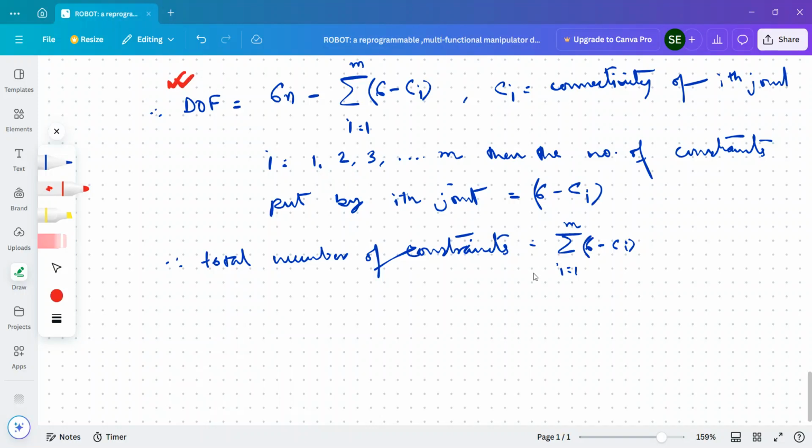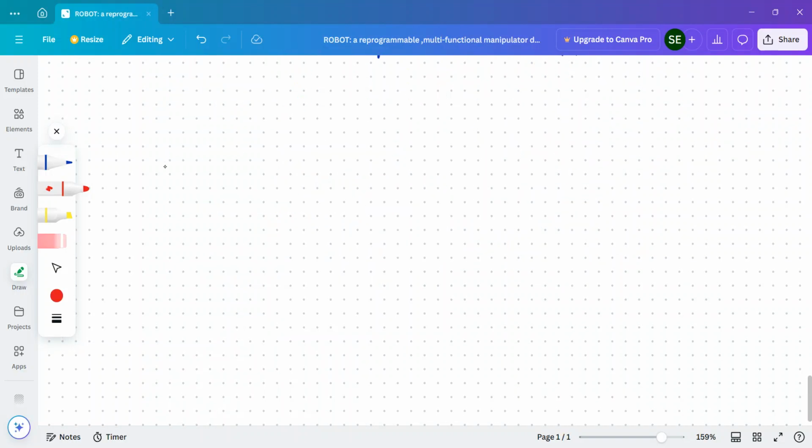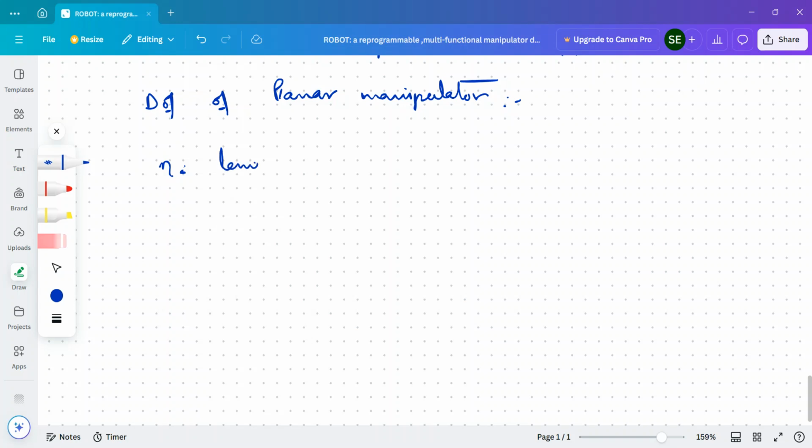Now we will study the degrees of freedom of a planar manipulator. Similarly, I will consider n as the number of links, and m as the number of joints for the manipulator.